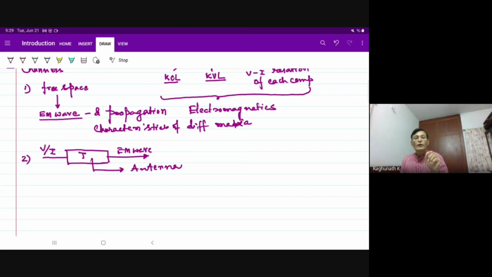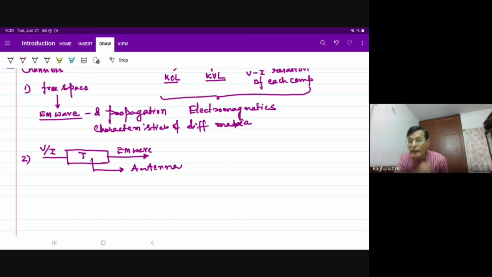Ultimately, to achieve different ranges in free space, because of the spherical nature of the Earth, we will either go for surface wave propagation, tropospheric propagation, or ionospheric propagation. For different modes of propagation that we adopt based on the range to be achieved, I should have an electromagnetic wave launched in a specific fashion by a system that takes voltage or current as the input.